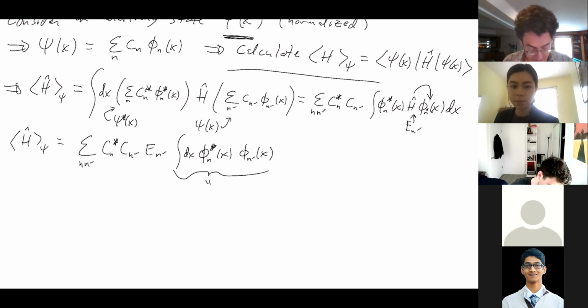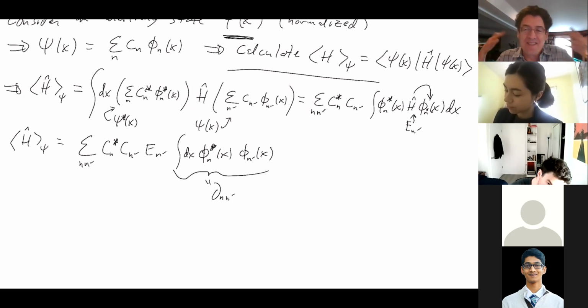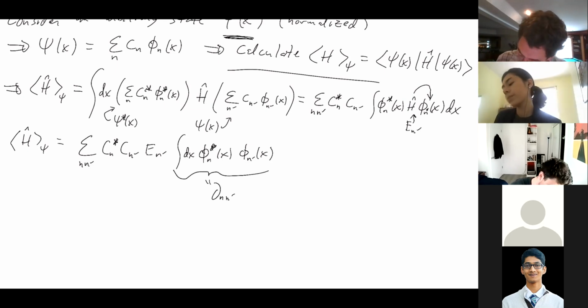Well, somebody tell me. The Kronecker delta? Exactly. Because these are orthonormal functions. I don't even need to know what the functions are. I just know that they're orthonormal because they are eigenstates of the Hamiltonian. So that's delta n n prime.